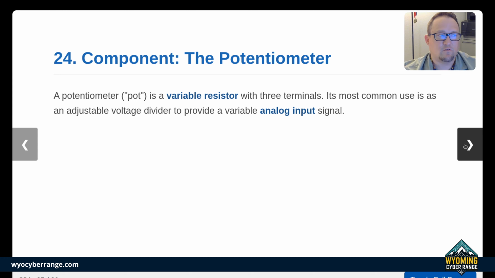When we adjust the voltage within your circuit, you could use this for LED brightness. You could use this for a whole bunch of different things, including maybe I want the LED to flash, but I want it to flash based off of where the potentiometer is set. And remember, this is going to be an analog input, and so our analogs are always going to read between 0 and 1023.